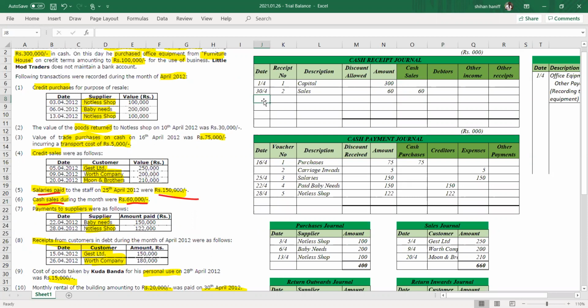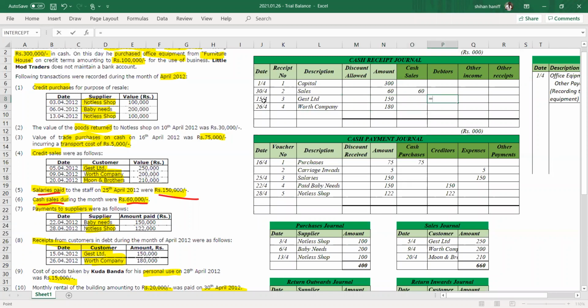Received from customers during the month of April. 15th, guest limited 150. 26th April, Worth Company 180.